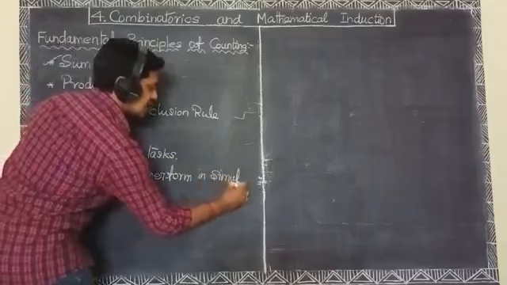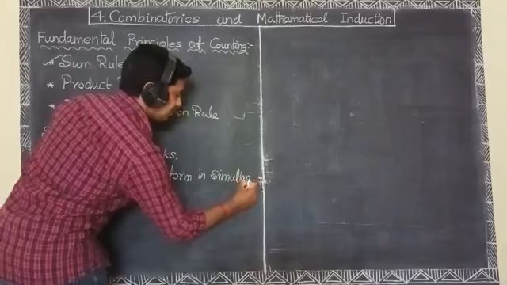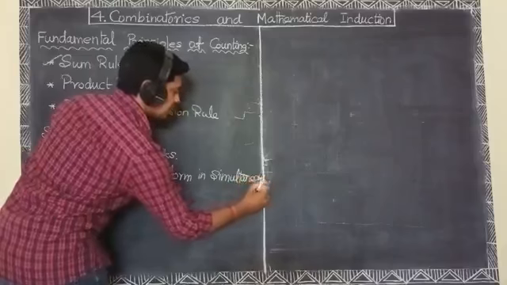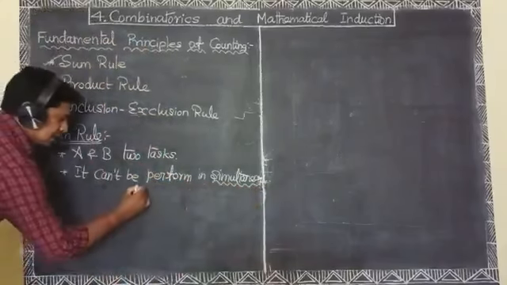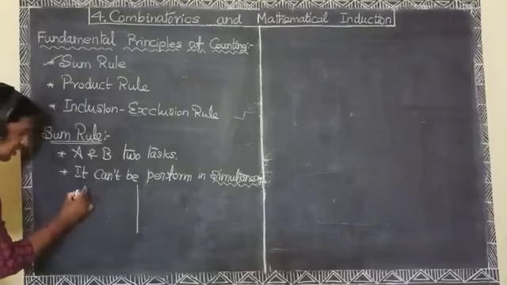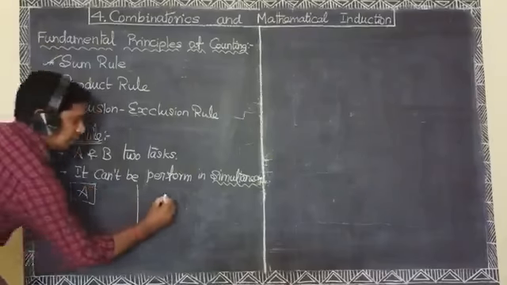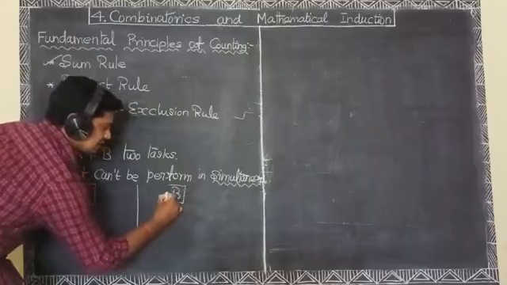Simultaneous means at the same time. Here A is one task, and B is another task.